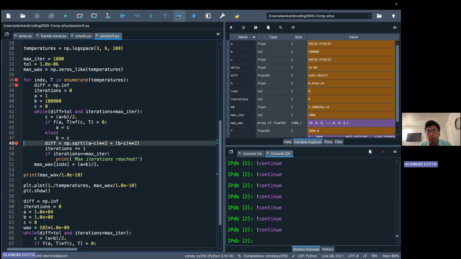Let's see, the diff decreases quite rapidly. And then C and B is equal to C.